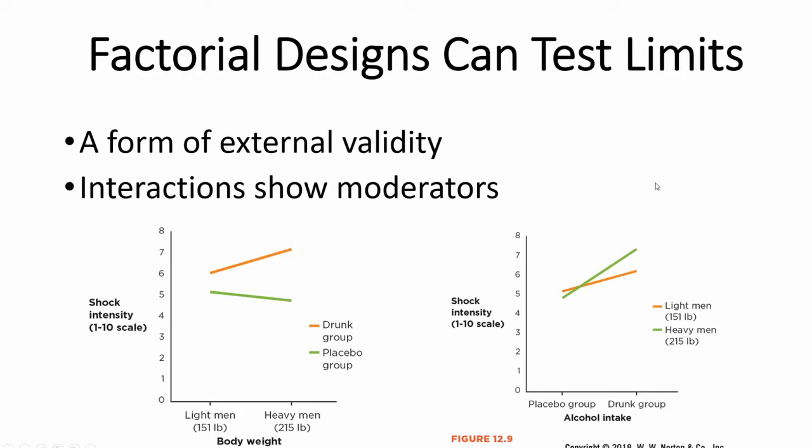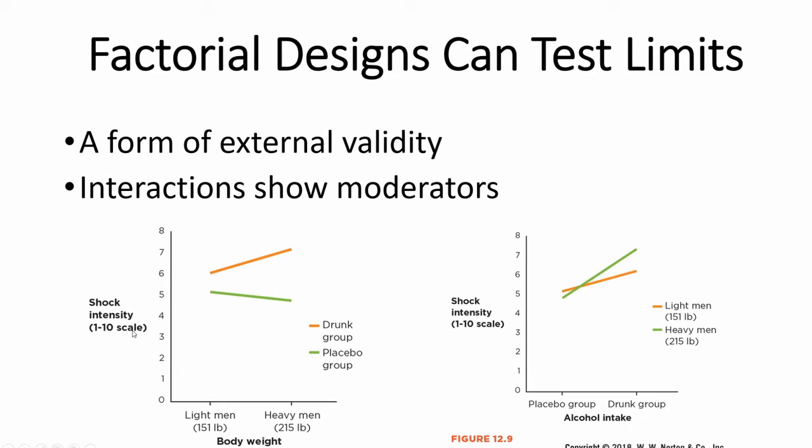So here we can look at another example, this time with our experiment looking at drunk versus placebo groups and how intense of a shock they delivered. Here we're just looking at intensity, not duration, because it's easier to look at one to compare.